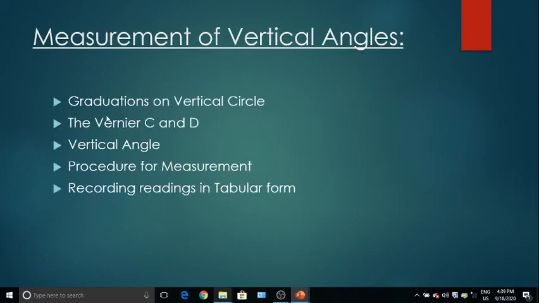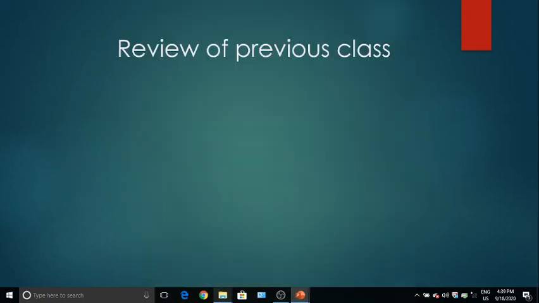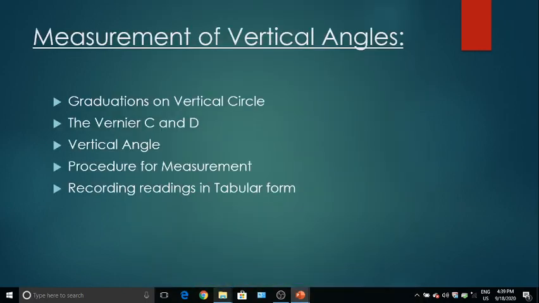Yes, we have completed today's topic. Let us revise fast. We started our discussion with the measurement of vertical angles, and by using a theodolite we can measure vertical angles, and we discussed graduations on the vertical circle.